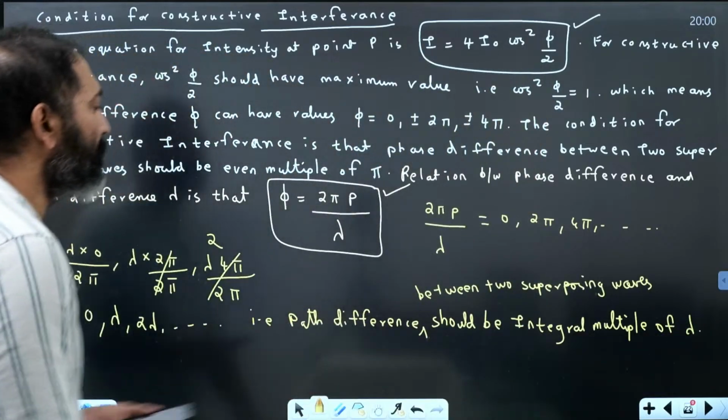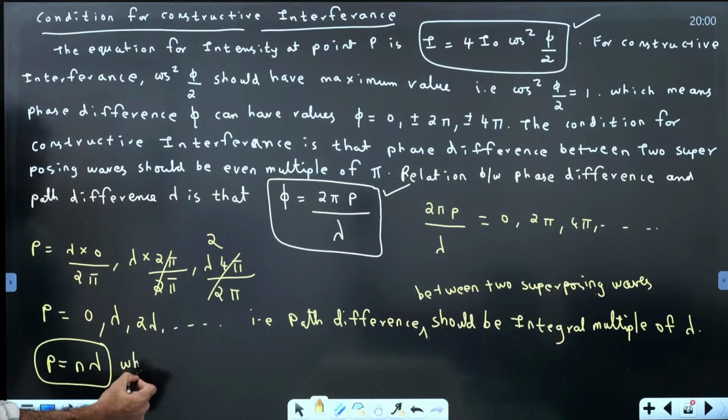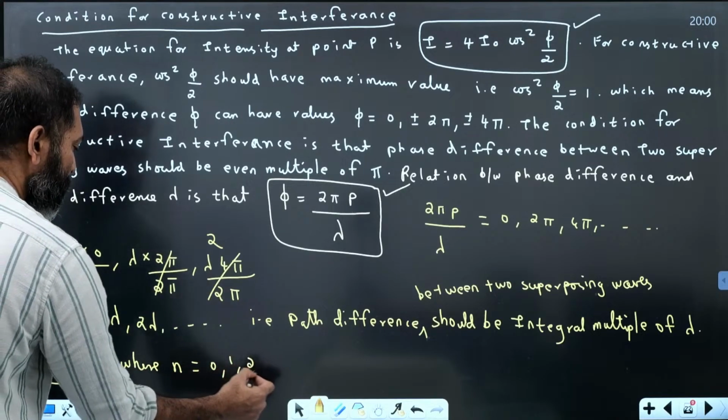Path difference of two superposing waves should be an integral multiple of lambda. That is the condition: n lambda, where n can have values 0, 1, 2, 3, etc.